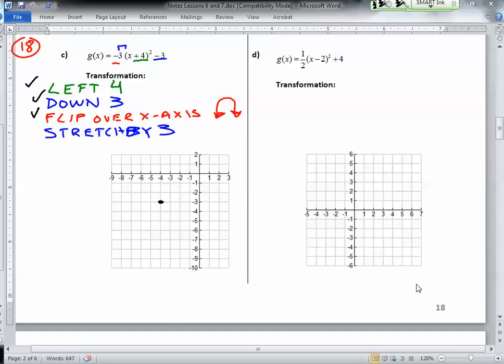And now I'm stretching by 3. So I take whatever my vertical change between points would be, I'm going to multiply it by 3. Starting at my vertex, instead of coming right 1 and down 1, I'm going to come right 1 and down 3. And instead of coming right 2 and down 4, I'm going to come right 2 and down 12.